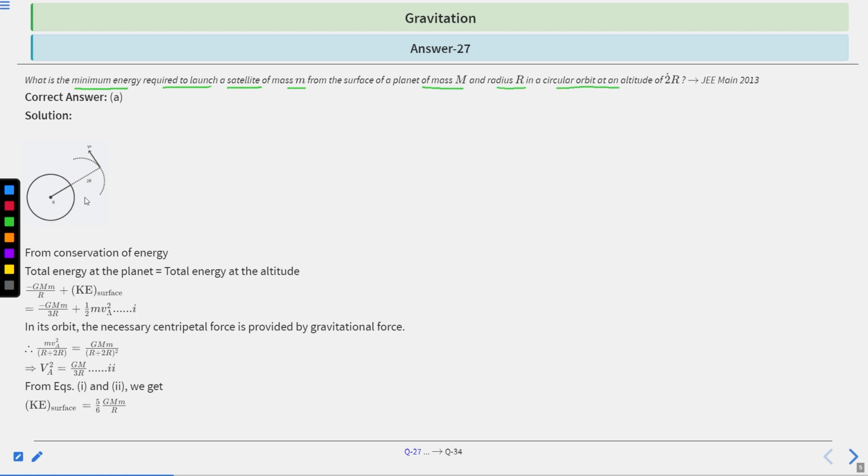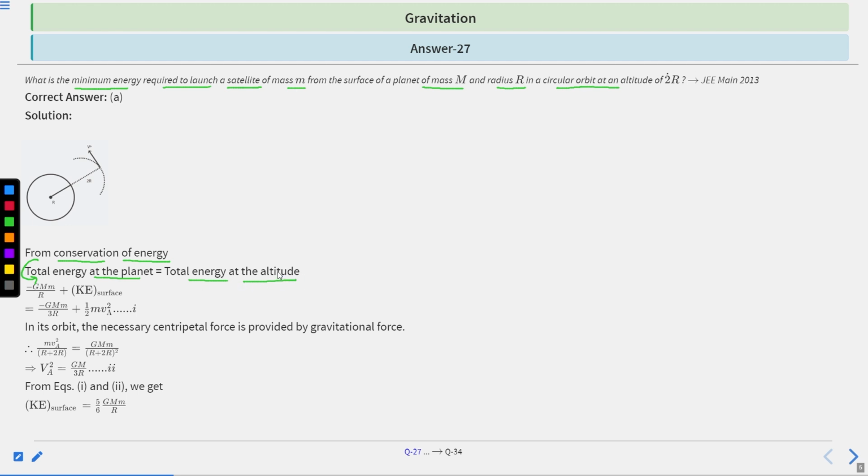From conservation of energy, the total energy at the planet is equal to the total energy at the altitude. Energy can neither be created nor destroyed; it can only be transformed from one form to another.